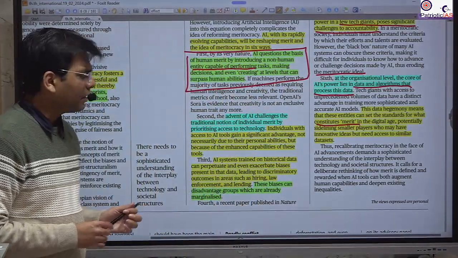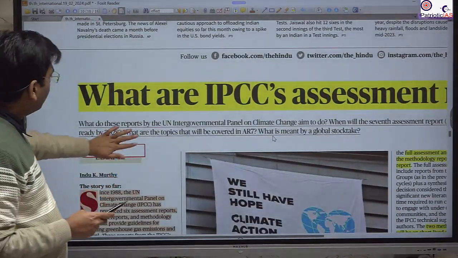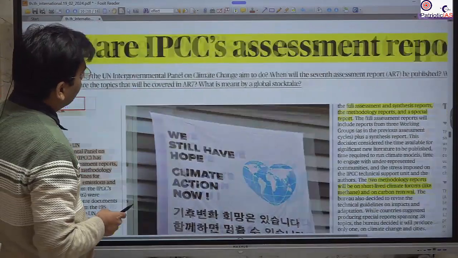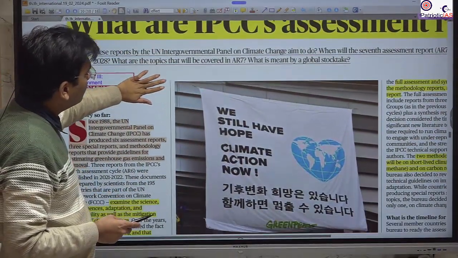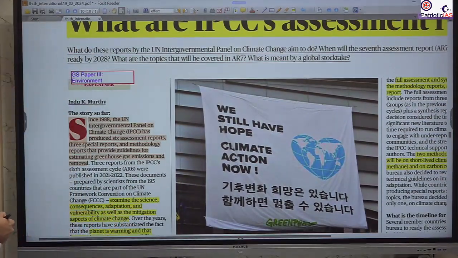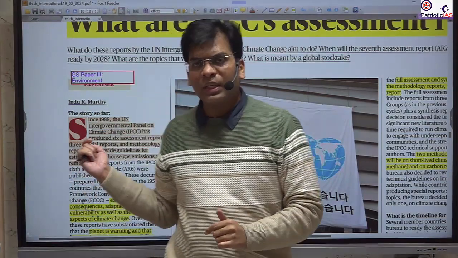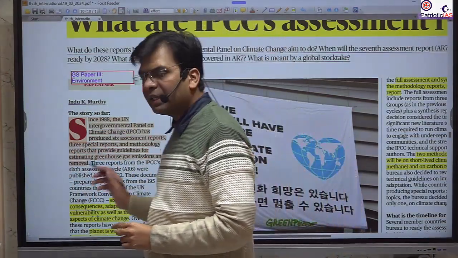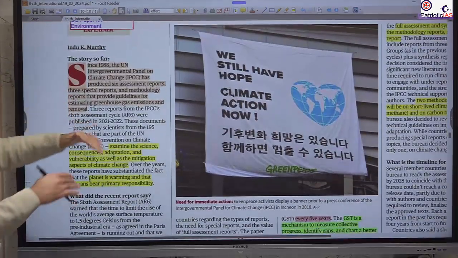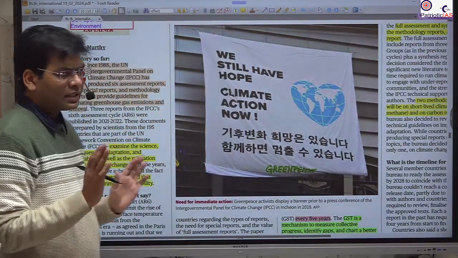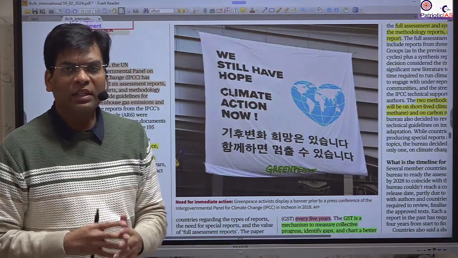Okay. Next important news that we will take is with respect to the IPCC assessment reports. You should know what this IPCC is. This is the Intergovernmental Panel on Climate Change. This is a part of the UN, and it was established in 1988, and it releases reports on the assessment of different research on climate change and different climate data.